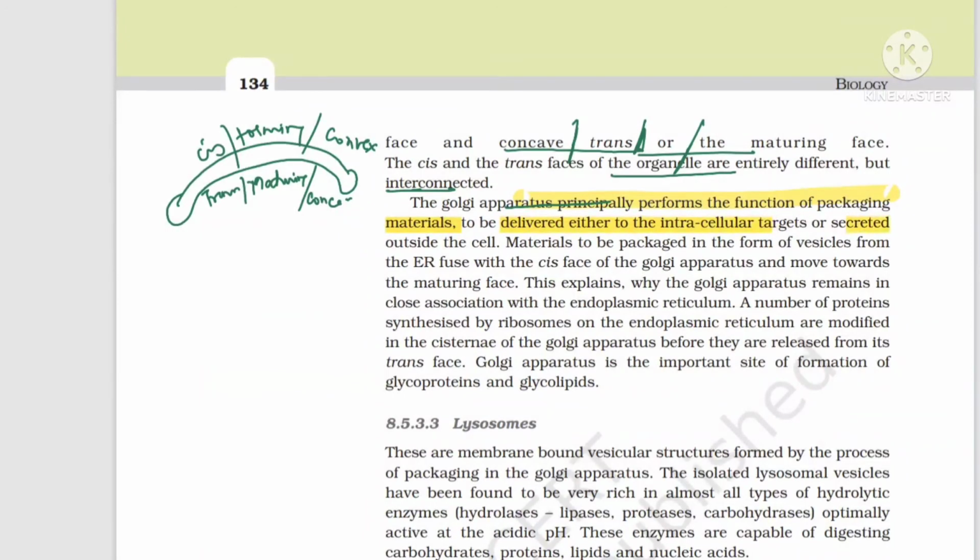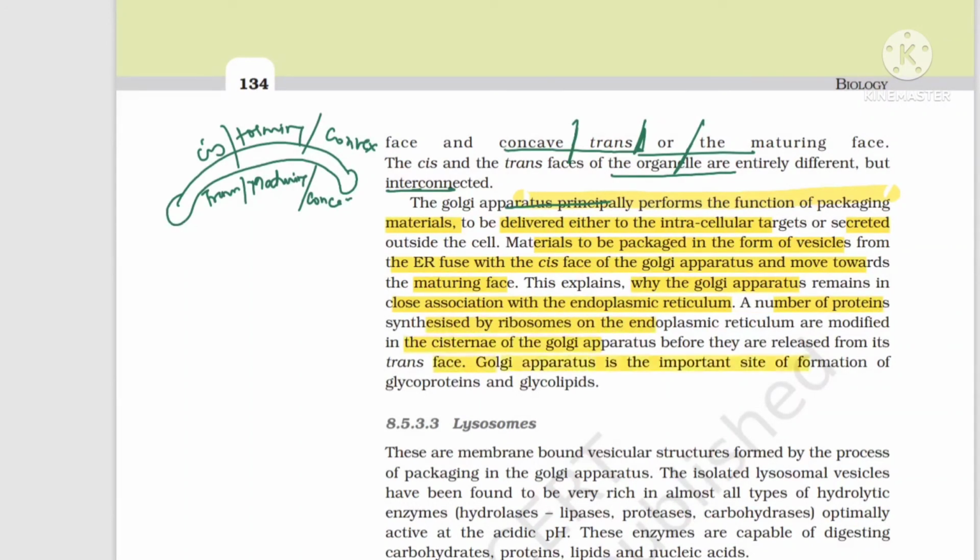Secretion means outside. Material is packed in the form of vesicles. The ER releases the material, which fuses with the cis face and moves towards the maturing face. That is why Golgi is always found associated with the ER. Clear? Proteins synthesized on the ribosomes are modified in the cisternae and released from the trans face.